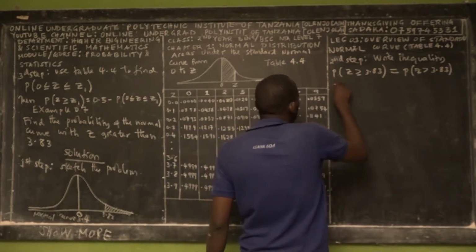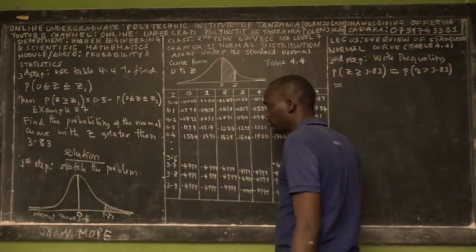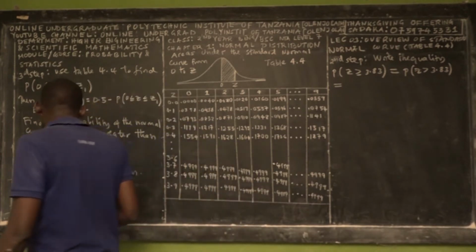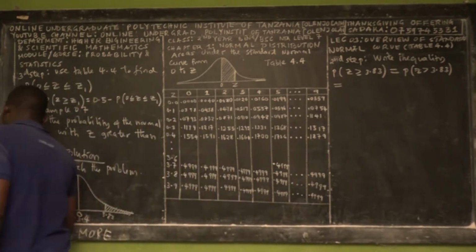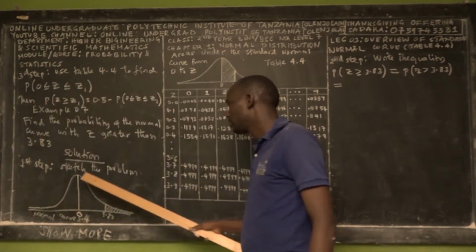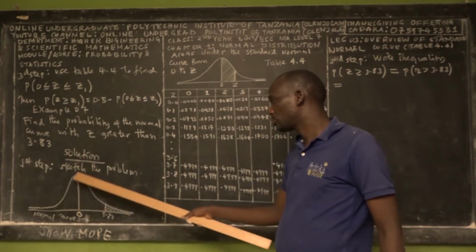So how can you find this probability? As I told you, here we have a normal distribution curve, and this is the mean. So this is the symmetry.